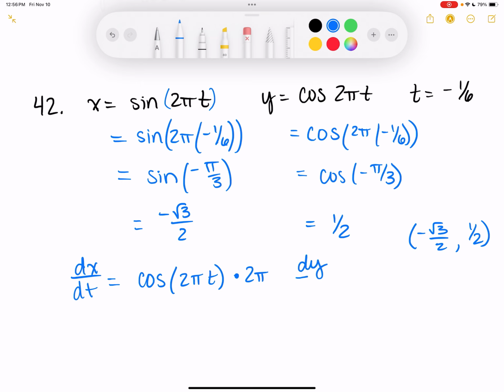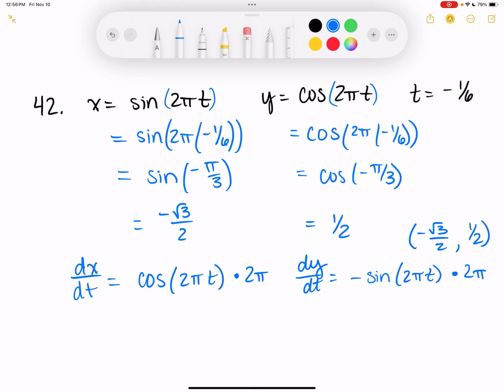So then dy/dt, so the derivative of y would be what? Yep. Then you would divide those? Yes. Now I'm going to show you why.